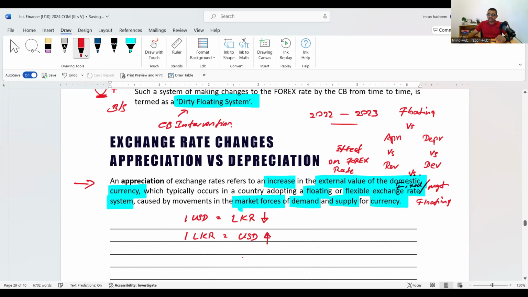When this happens due to a change in demand or supply, because there are two ways to say this, I'll use the common word currency, then it is called an appreciation. It's called an appreciation. Okay?